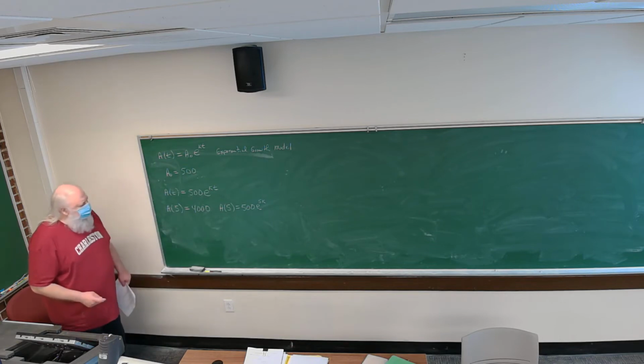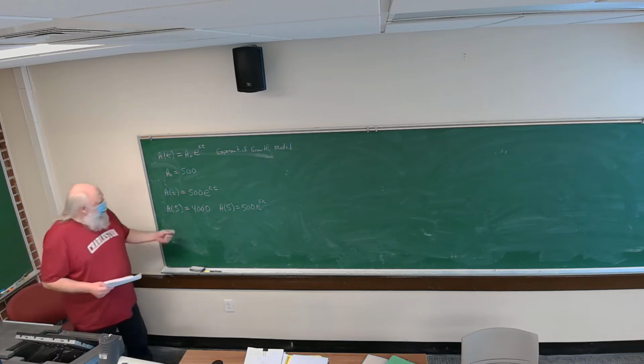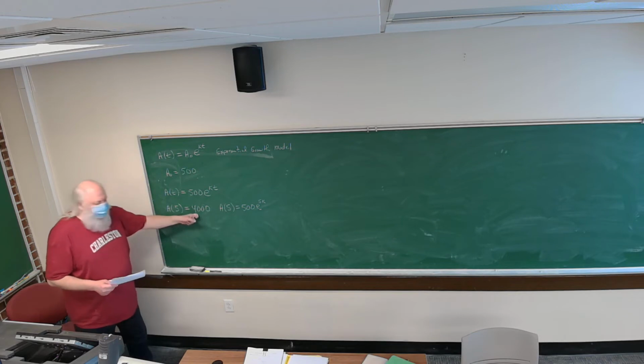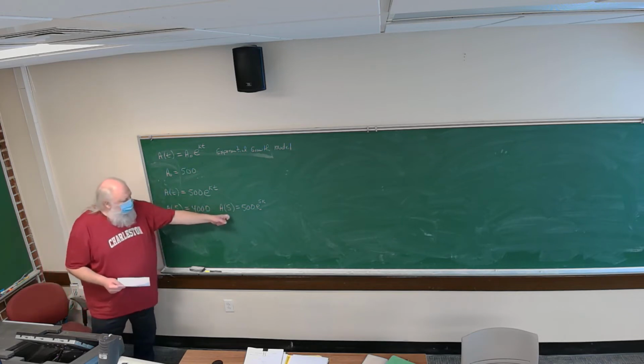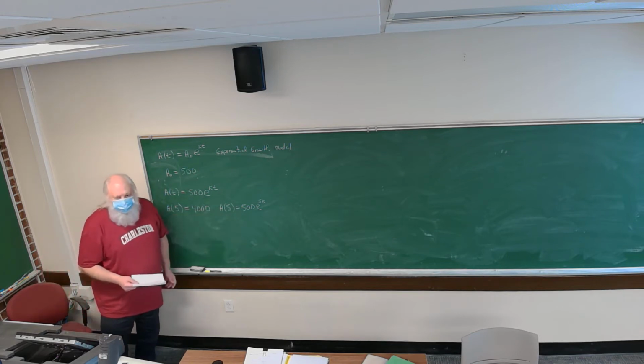So A of 5 equals 500 times e to the 5k power. And now we can just replace A of 5 with 4,000, and then we'll have one equation and one unknown, and we'll solve for k.